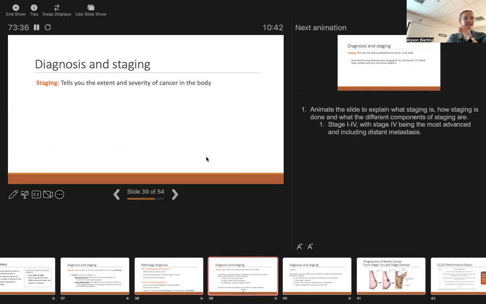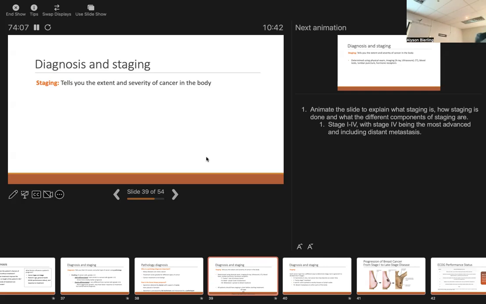All right. So staging. If we know the patient does have cancer, that's step 1. We confirm that the patient does have cancer and what type of cancer it is. Step 2 is determining the stage of the cancer, okay? The stage tells us the extent and the severity of cancer in the body.